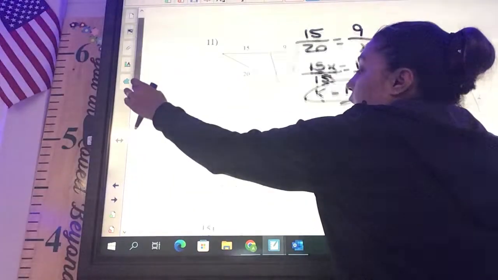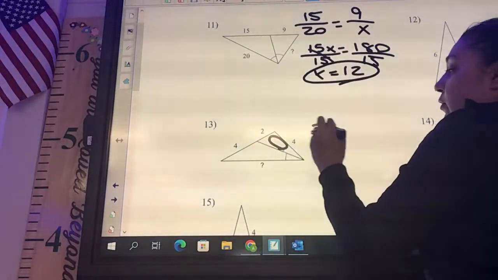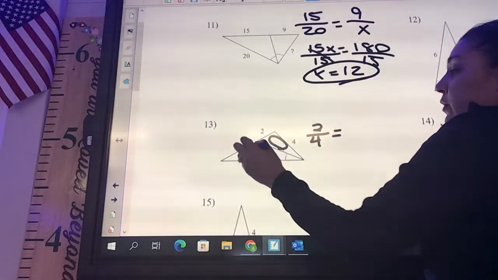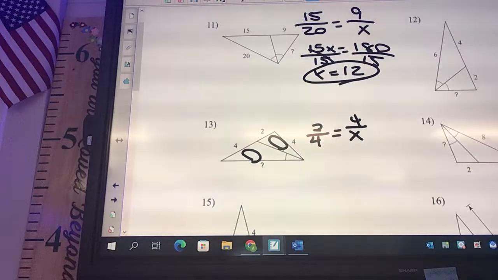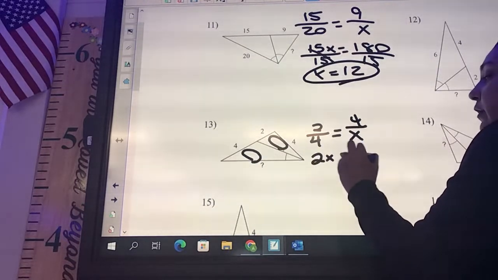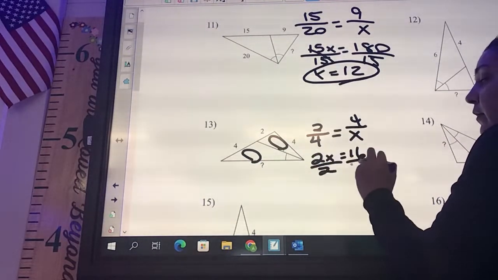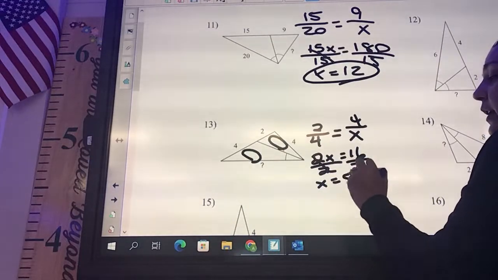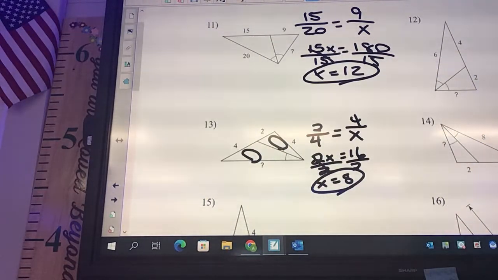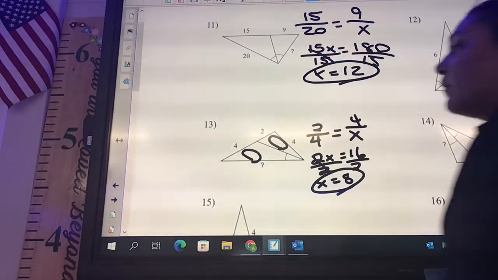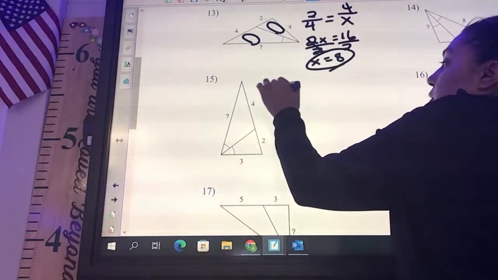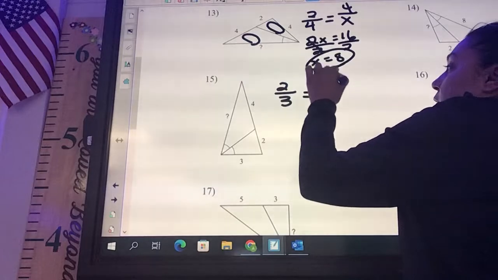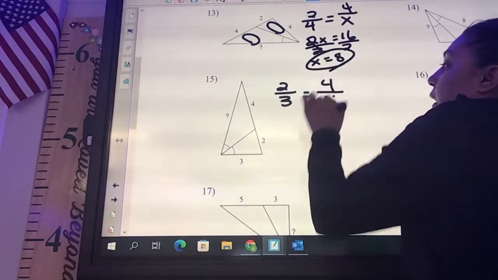Okay, on this one, start off with this first triangle. So we're going to get 2 over 4 is equivalent to 4 over x. We get 2x equals 16. So we get x equals 8. Okay, we get 2 over 3 is equivalent to 4 over x.